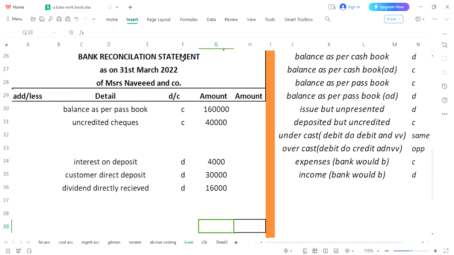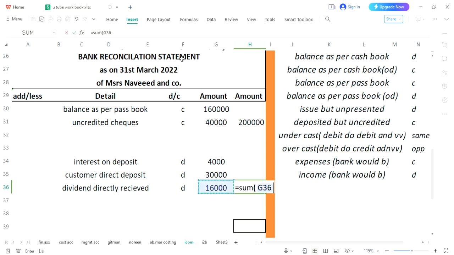All entries are completed. Now the next step is to calculate the sum of all amounts on the debit side. This is the sum of debit, and now you will calculate the sum of all the amounts on the second side. So this is the sum of credit, this is the sum of debit, and now we will put the sign.